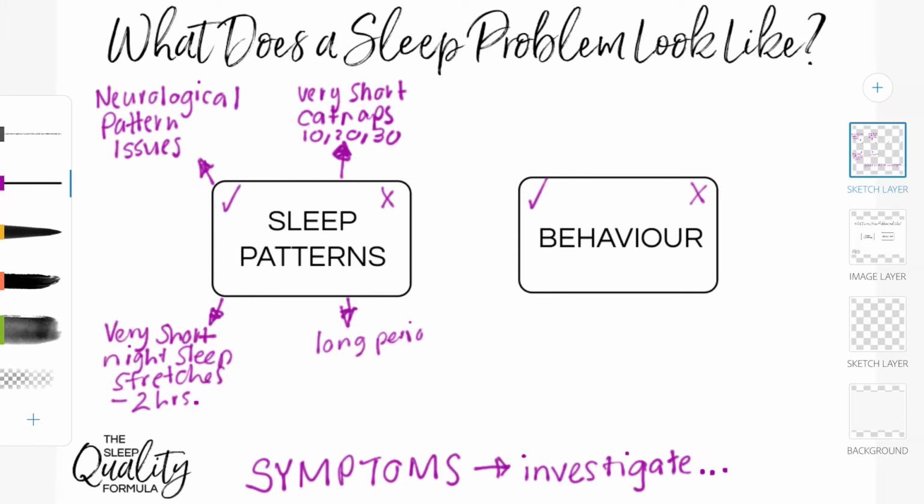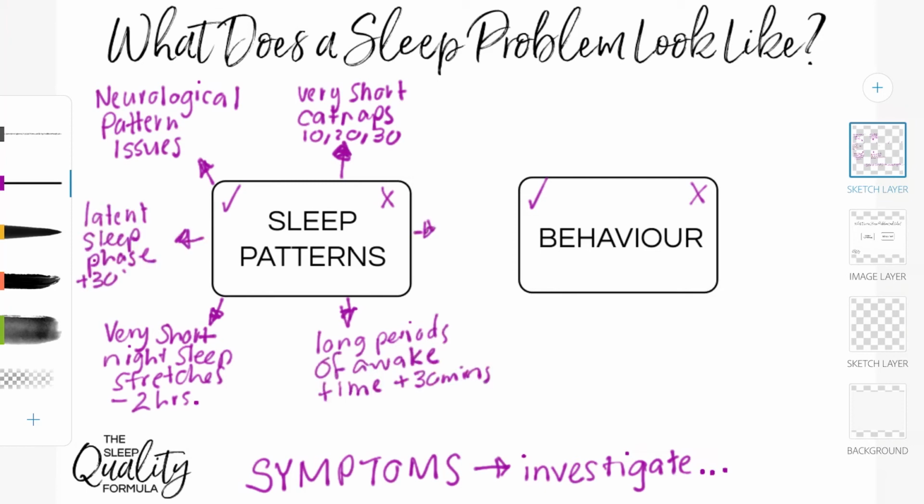And then the other one is the early morning wake. And then I am talking about here minus 1 hour earlier than what you wanted, 1 hour or less earlier than what you actually were aiming for, okay?